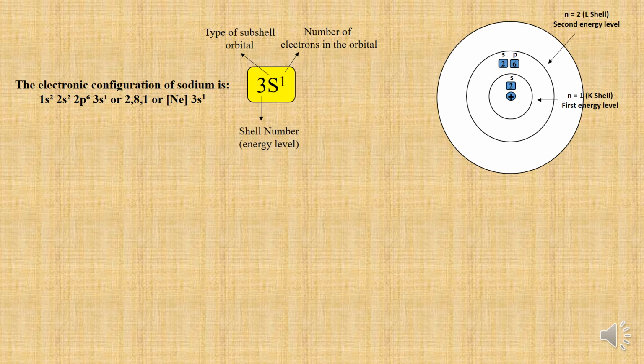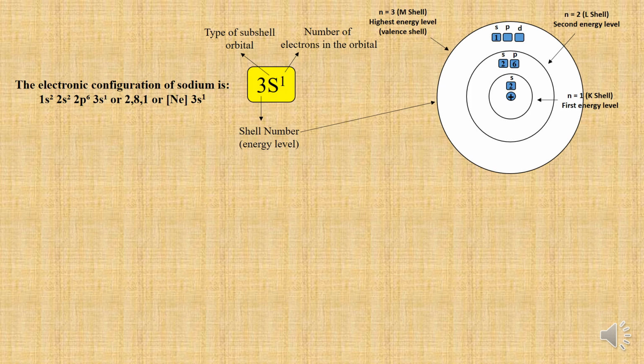And this is followed by the third energy level, which is the highest energy level in case of sodium. And this is the valence shell, where you find only 1 electron housed in the s orbital, while the p and d orbitals are unfilled.